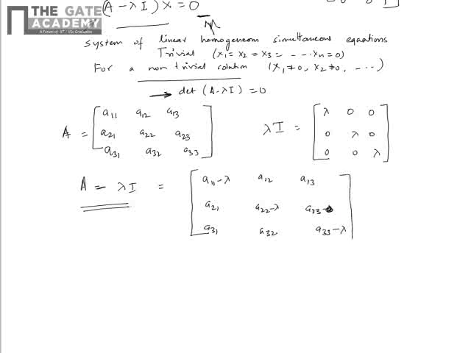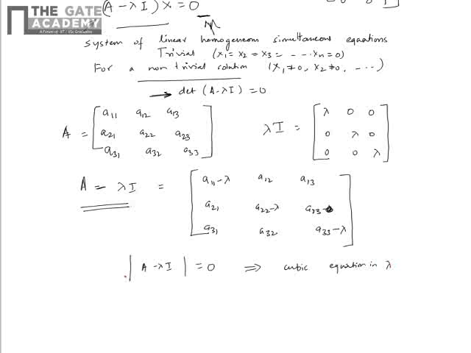Now the determinant of this, if you set it to 0, then basically you get a cubic equation in lambda.